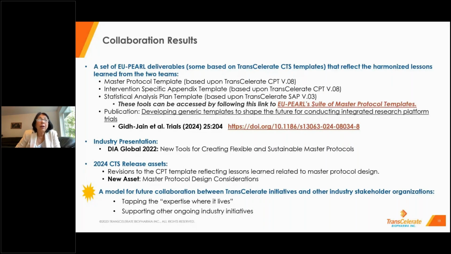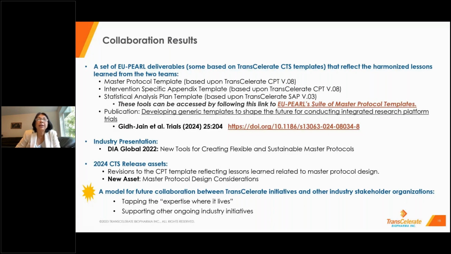And when the next version of the Common Protocol template was released, some of these learnings were incorporated into the template. And we also worked together to develop a new asset which guides anyone who would like to have a master protocol, some of the design considerations that should be taken into account.